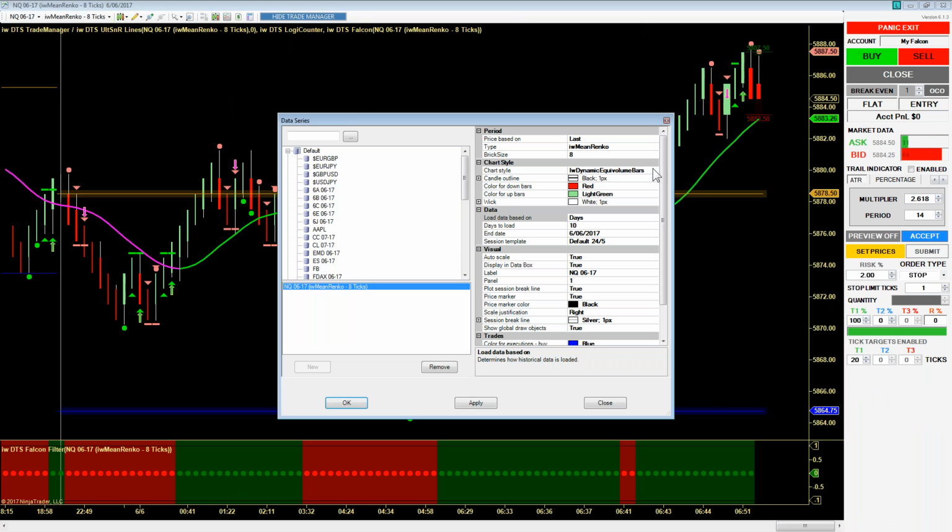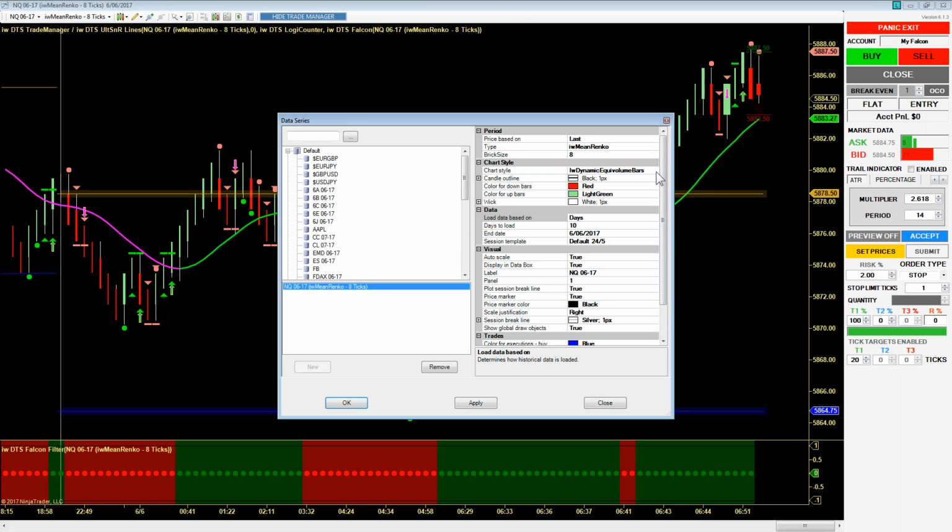For those of you who are not familiar with equivolume charting, what equivolume bars do is they incorporate volume into printing the bar itself. So the bars that are wider have more volume associated with them. It's an easy way to incorporate volume into your charting.